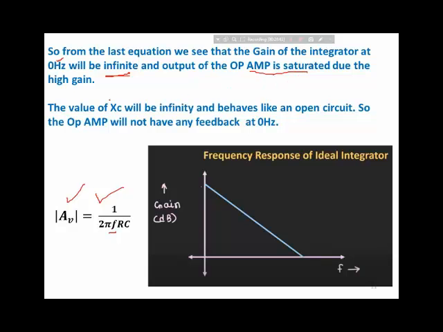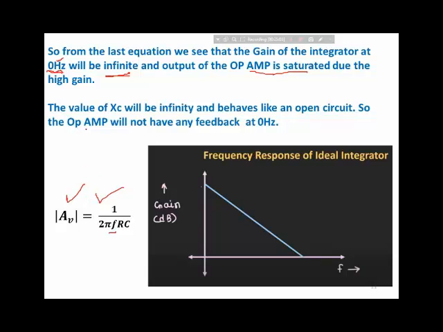So for a DC input or 0 Hertz signal, the op-amp will have infinite gain, and the output would always be in saturation.